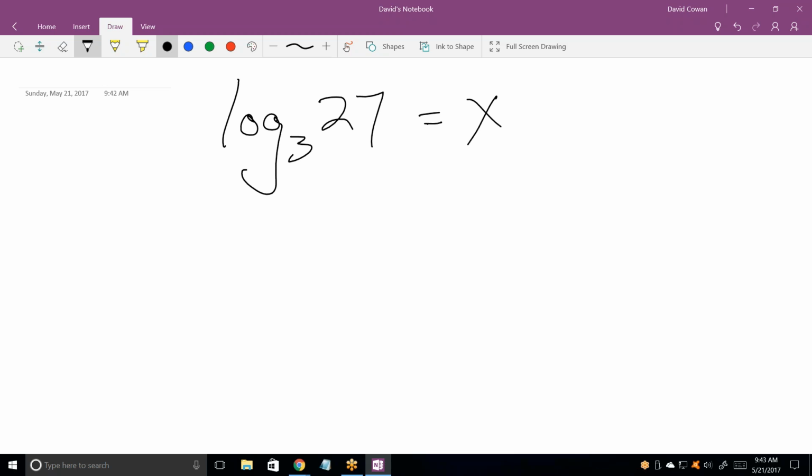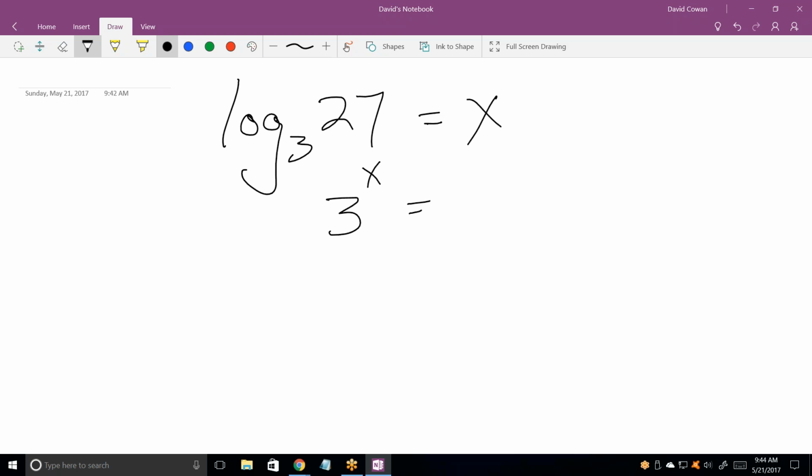In other words, let's introduce a variable and say we're going to let this thing equal x, and now I can solve it because you know how to switch from exponential to log and log to exponential, I hope. Do you know how to express this exponentially? Yeah. What is it? Isn't it just, hold on, 3 to the x power equals 27?